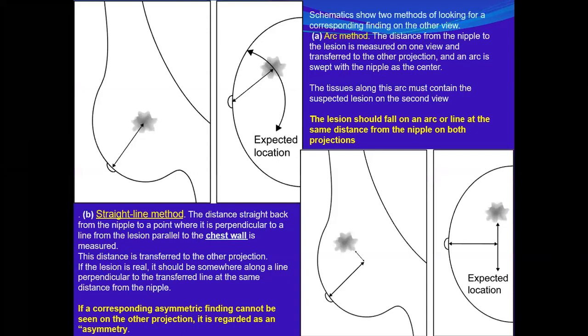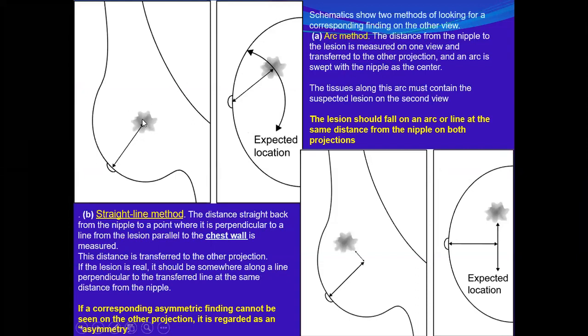Okay, so another point: if we have seen it in one view, we have two methods for looking for the asymmetry in the other view. One is the arc method and the other one is the straight line method. The arc method is this one.